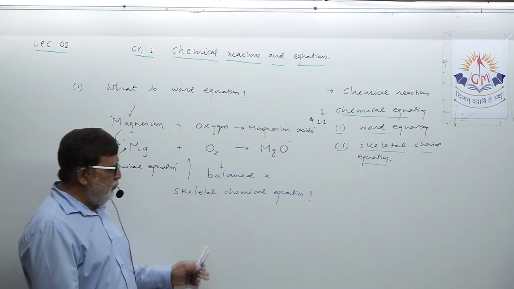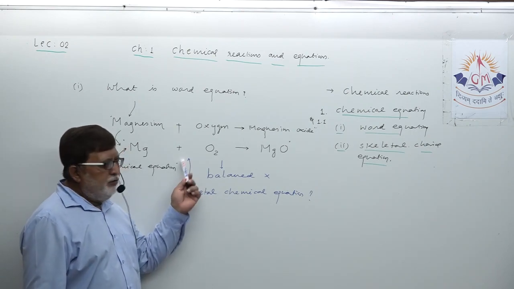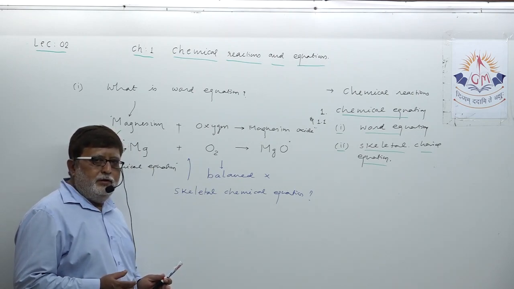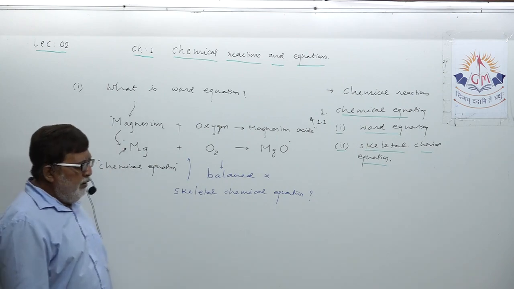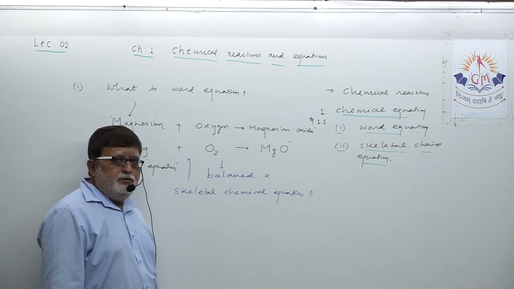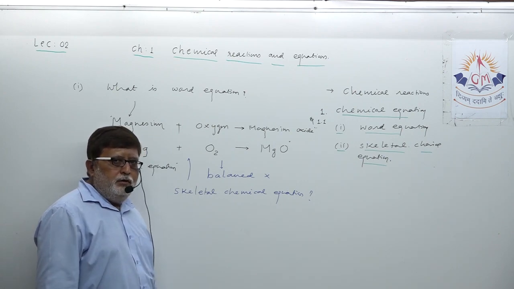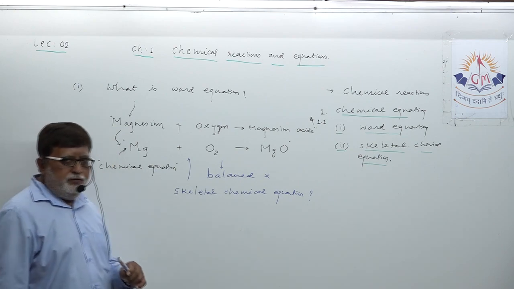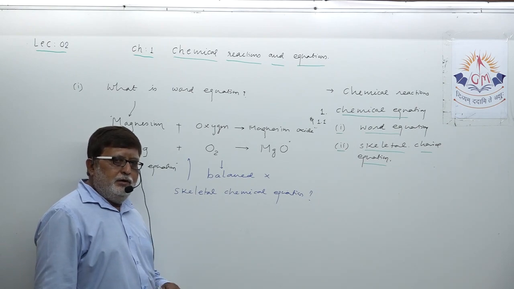So now you understood this, dear student. Such equations which are written utilizing symbols and molecular formulas can be defined as a skeletal chemical equation. From your section, सवाल हमारा जवाब तुम्हारा, this is question number 3. What is a skeletal chemical equation?